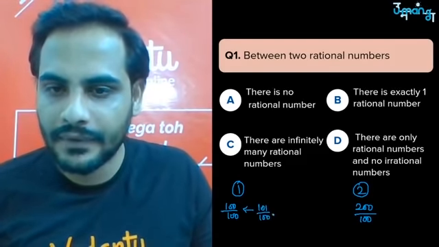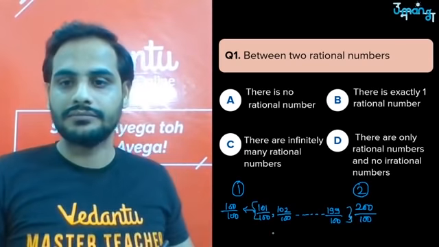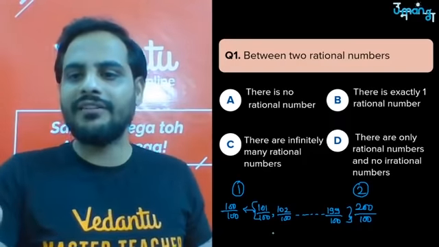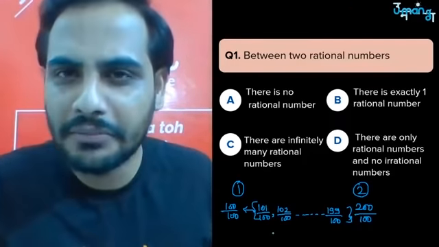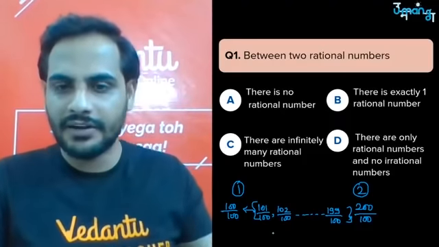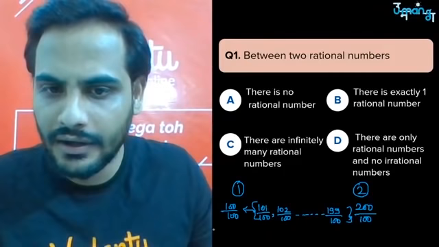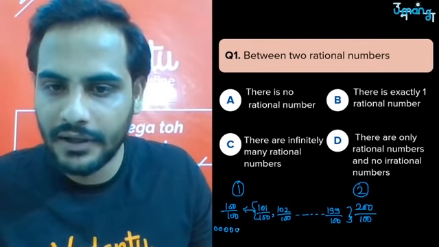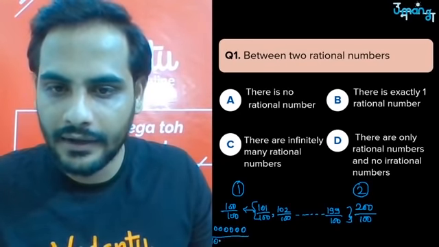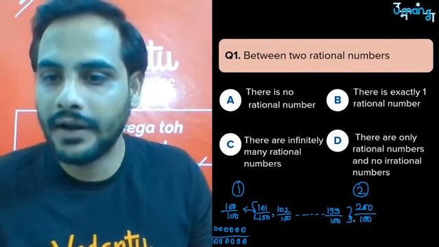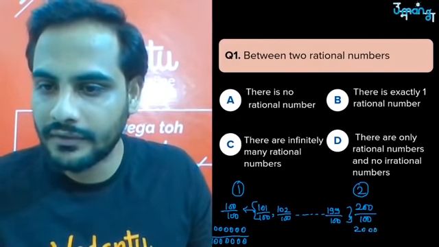You may say, sir, I've counted, there are only 99 numbers. So why are we saying there are infinite numbers? Because instead of writing it as 100 by 100, I can write it as big as I want. This 2 can be written like this.